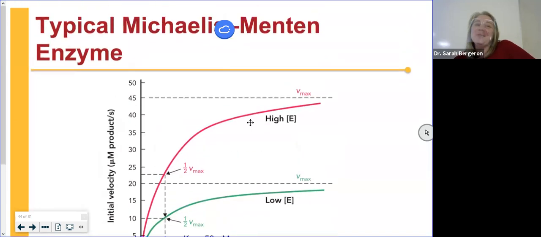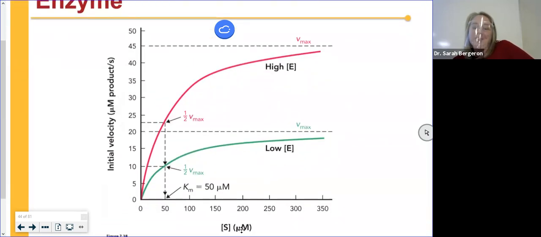All right, so the last thing we were talking about were typical Michaelis-Menten kinetics, right? Remember this? We were graphing the concentration of our substrate versus the initial velocity of our reaction and said, as you increase substrate concentration, the reaction goes faster and faster, but up to a point. There gets to be a point where no matter how much substrate you add, the reaction can't go any faster. And we call that Vmax.